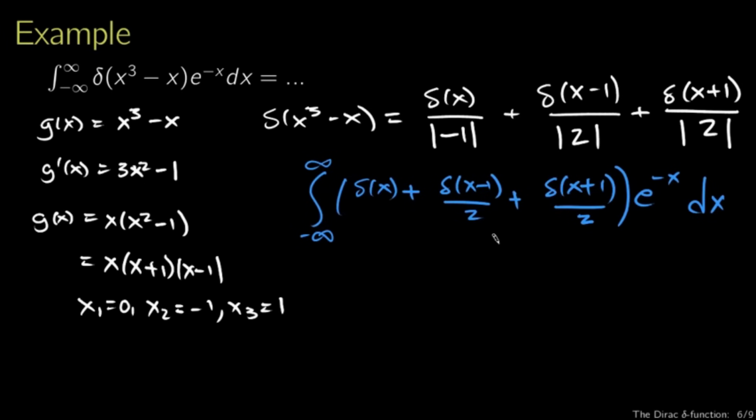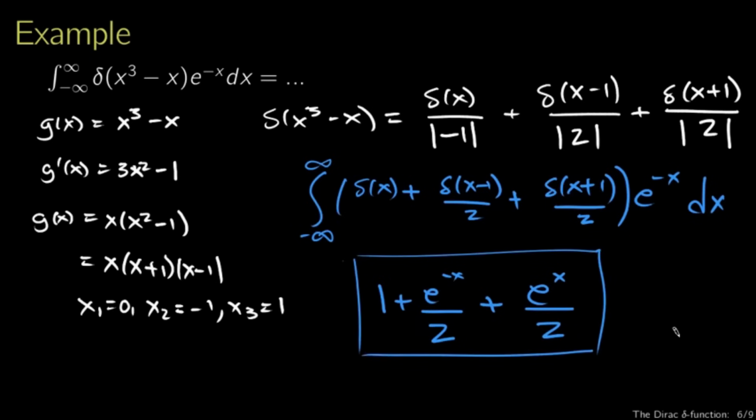So evaluating e to the minus x at x equals 0, that's just 1. Evaluating e to the minus x at x equals plus 1, that's just e to the minus 1, so I'm adding e to the minus 1 over 2 from the over 2 here, plus, again, the value of e to the minus x at minus 1, which is just e over 2. That's our answer. We're done.